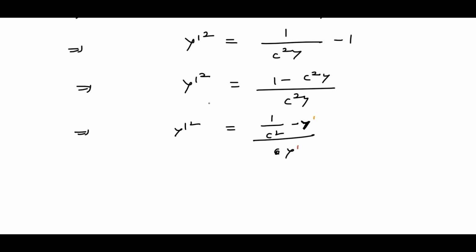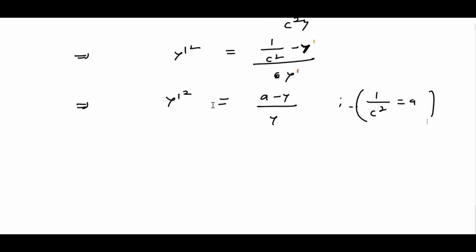So we can write that 1 upon c square is a constant. We can write here a minus y over y, where 1 over c square is equal to a.